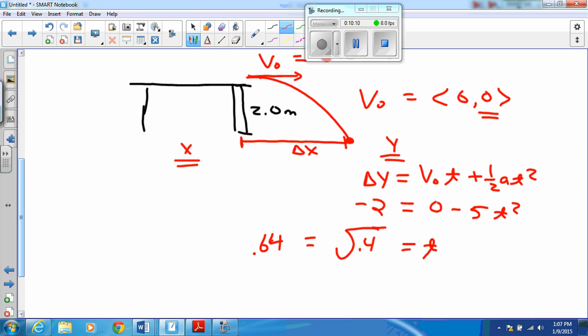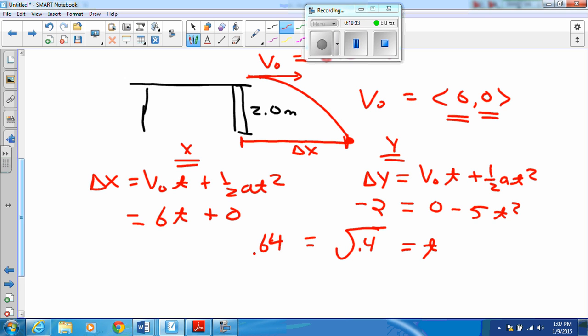And now we're ready to take that time and use it to figure out the delta x. In the x direction, delta x again equals v0t plus 1/2 at squared. But I'm going to use the initial velocity in the x direction, and the acceleration in the x direction is how much? 0.